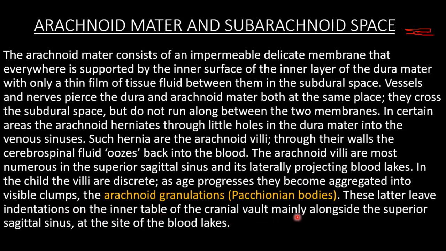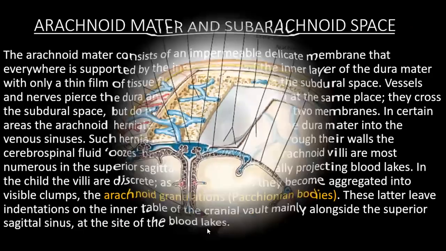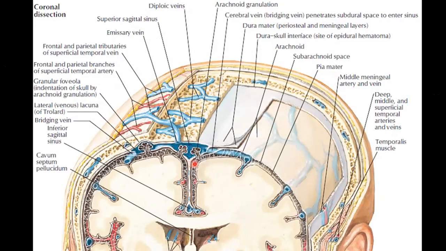Okay, which are found mainly alongside the superior sagittal sinus at the site of the venous lacunae of the blood lakes. You can see here, this is the arachnoid mater. But you can see at some places it is piercing the inner layer of the dura mater.